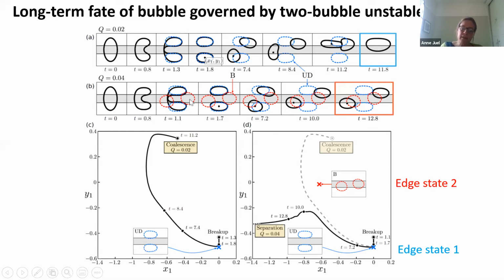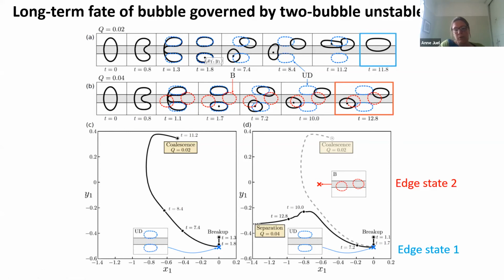Whereas in the second case, at a higher flow rate, you now have a second edge state, and that edge state prevents the bubbles from crossing the rail and coalescing, and forces the two bubbles to separate indefinitely. And so you can see that edge states are essentially driving the dynamics here.